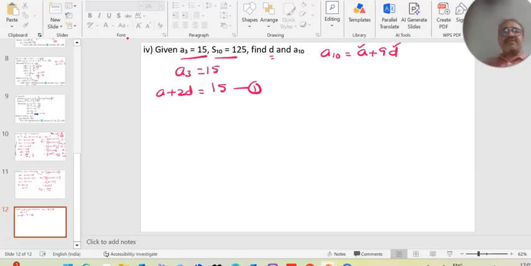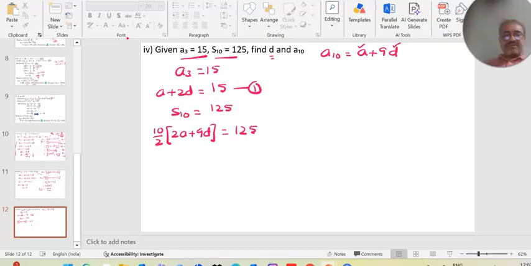And S10 is equal to 125. So we can write S10 as n by 2, that means 10 by 2 into 2a plus (n minus 1), 10 minus 1 means 9d, is equal to 125.